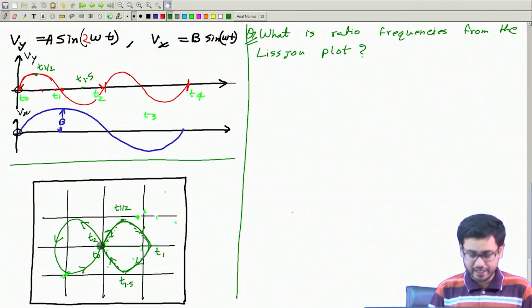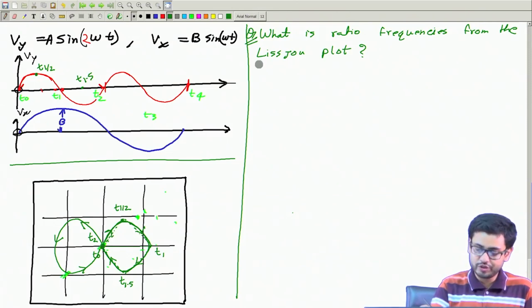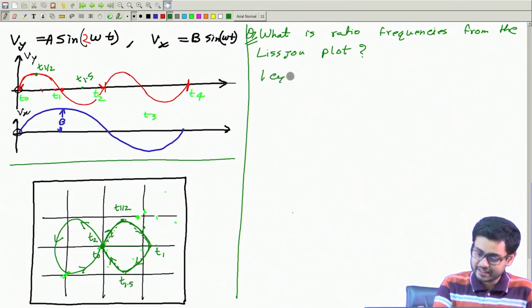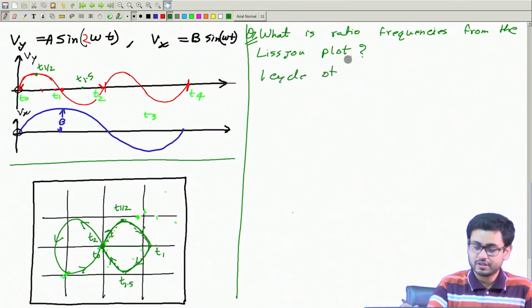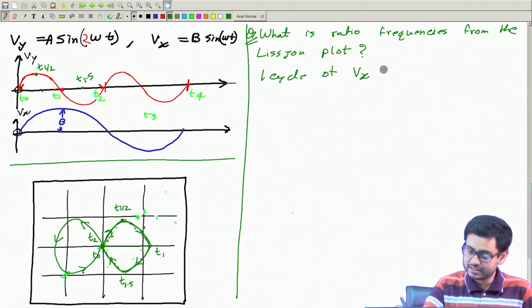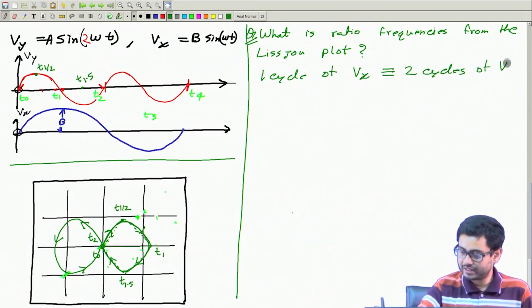And what happens to Y? Up, down, one cycle. Up, down, two cycles. Once again, in one complete traversal, up, down, up, down. So two cycles. So we see that one cycle of Vx is the same as two cycles of Vy.